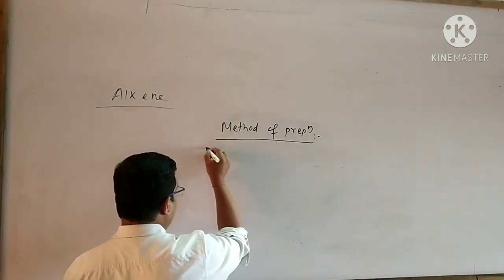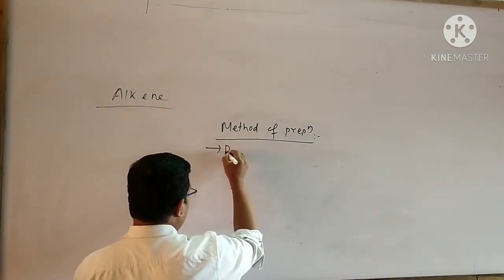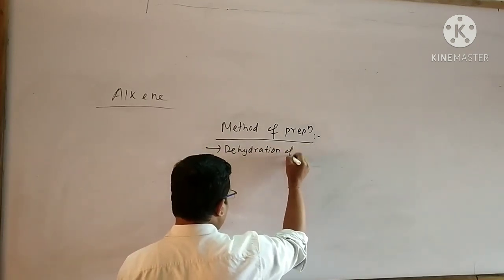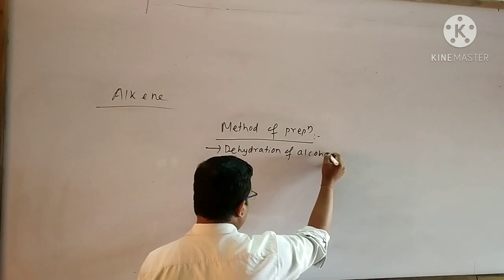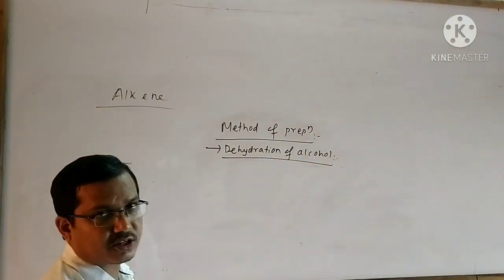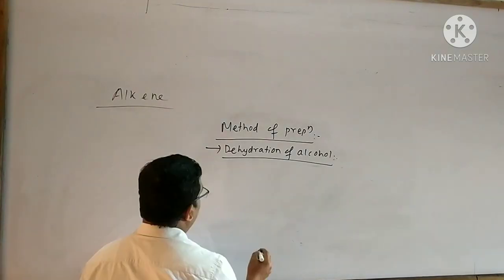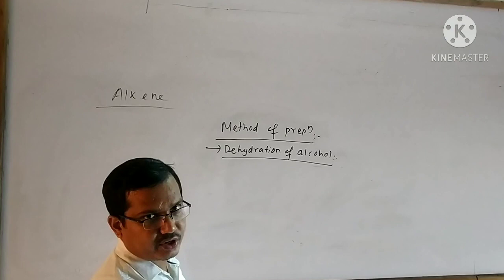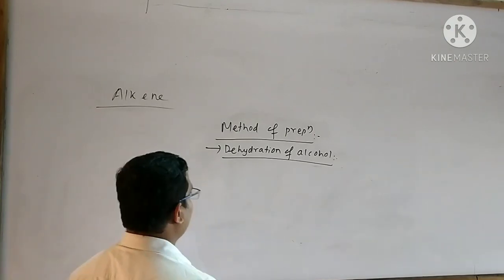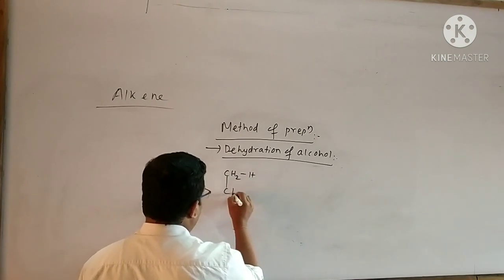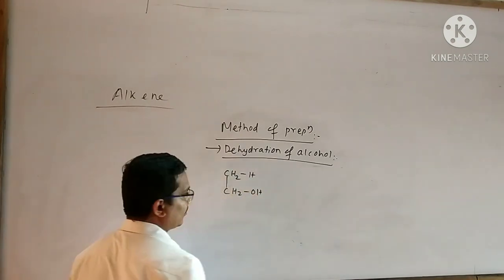At first I will discuss the dehydration of alcohol. The word dehydration means loss of water molecule. There are 3 types of alcohol such as 1-degree alcohol, 2-degree alcohol and 3-degree alcohol. This is said to be 1-degree alcohol.